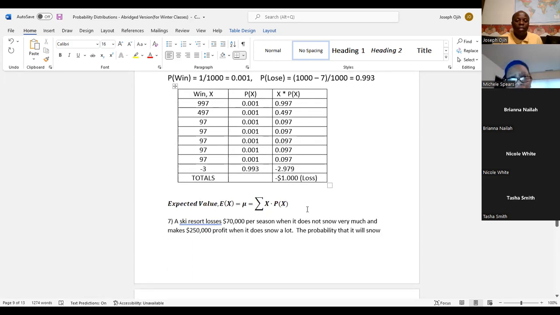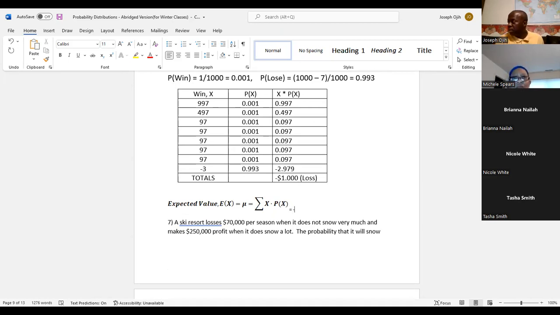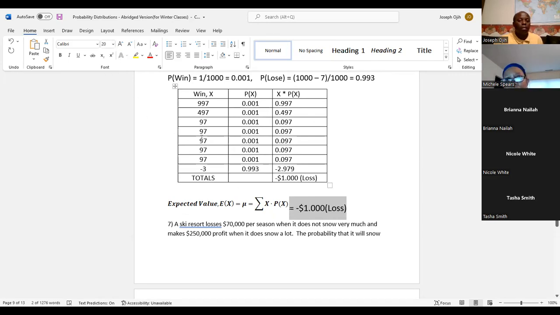So our expected value, which is the sum of x times p(x), is negative 1.000, which is a loss. I'll make it big. Loss. So our answer to the question: the expected value is negative 1, which is a loss.